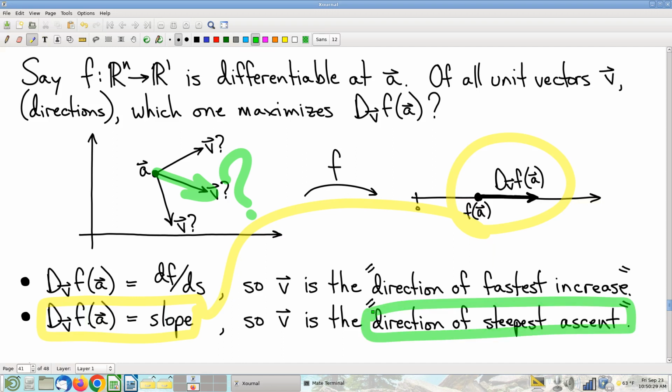A different way of looking at it. But I claim this is a narrow point of view. And so, for my own personal preferences, I tend to not like this phrasing as much, because this phrase only makes sense if you're looking at a graph. Keep in mind, directional derivatives are not just the slope of whatever geometric object you might happen to be looking at. Directional derivatives are slopes of graphs, specifically and exclusively.